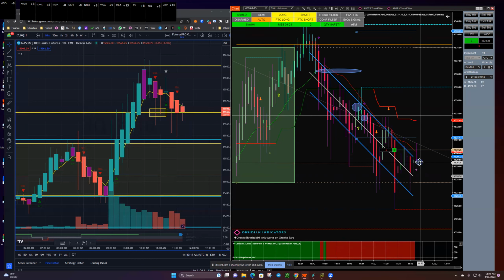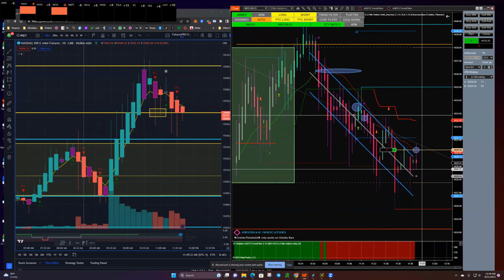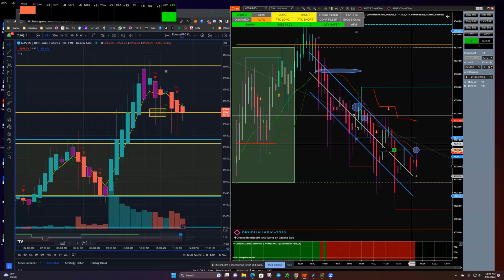Actually, we have the actual exit, which is right here, because that's where we entered long. So it would have exited you at that point, and this would have been another win. Let's take this one, since this is the bigger one of the two.